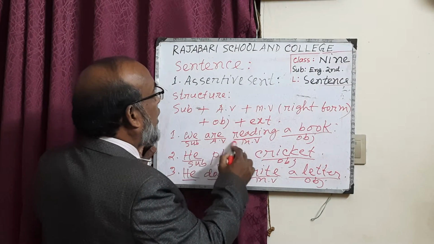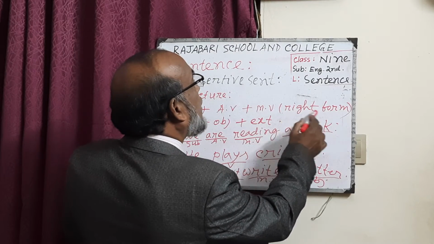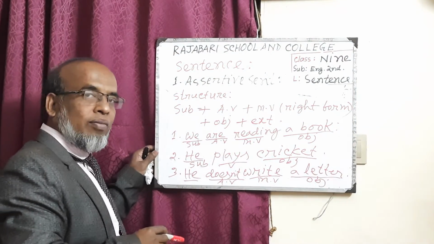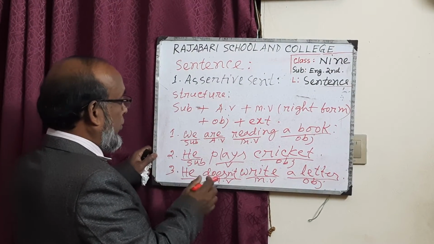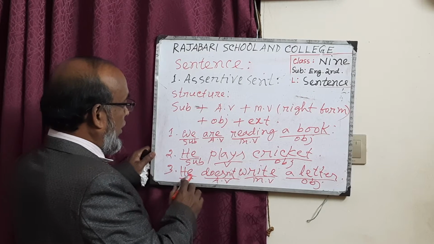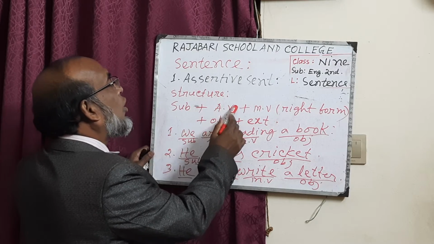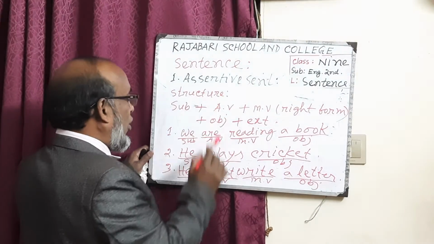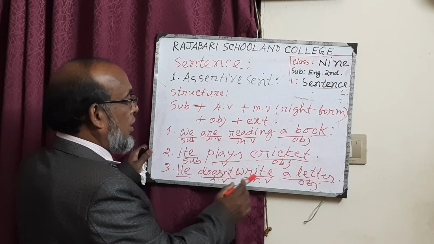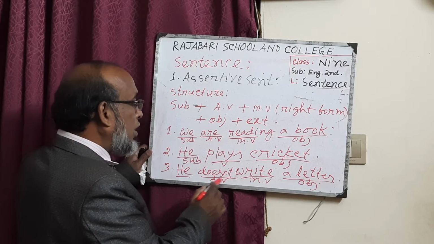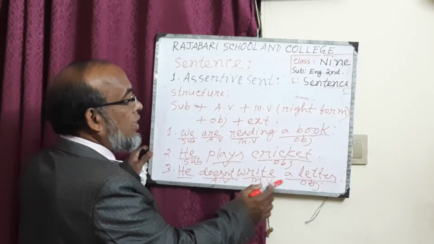This is how you can use main verb in its right form according to tense. And if you want to make it negative form, then you will use subject plus auxiliary verb of negative form. Here, number 3, he doesn't. Here, doesn't is auxiliary verb in its negative form. He doesn't write a letter.